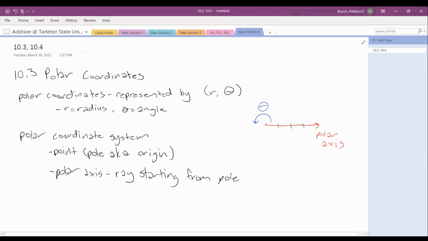So now let's go ahead and get into how we can actually graph these.